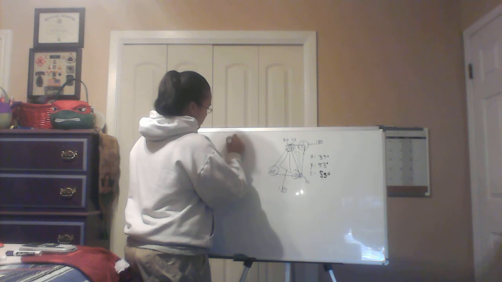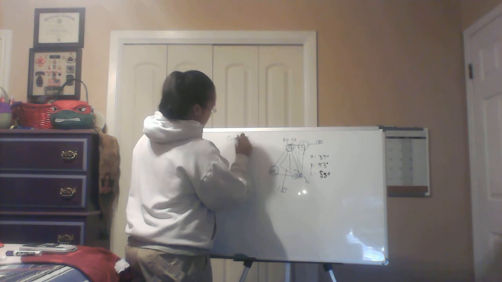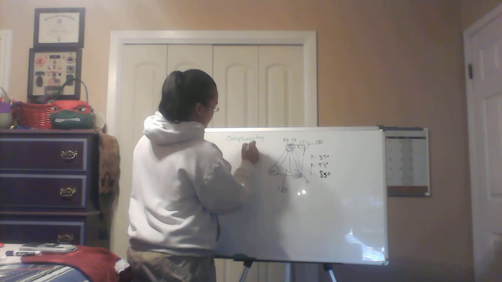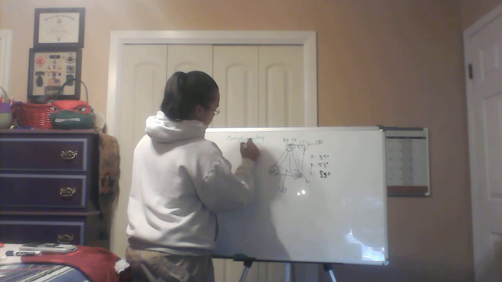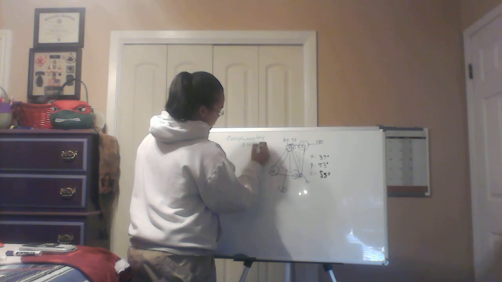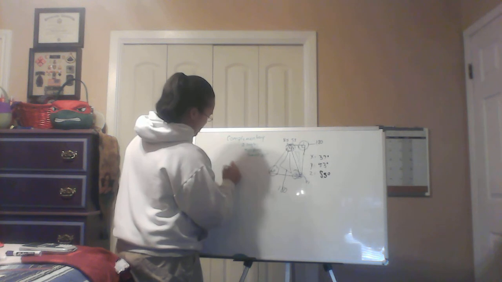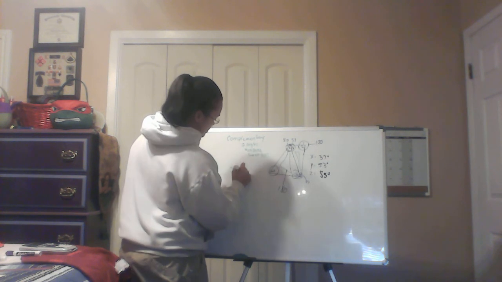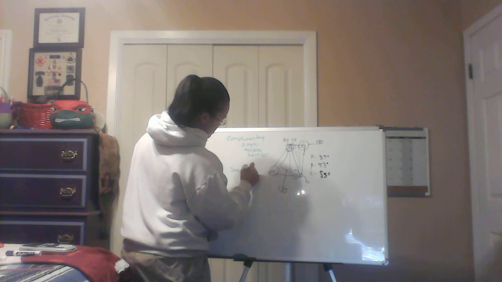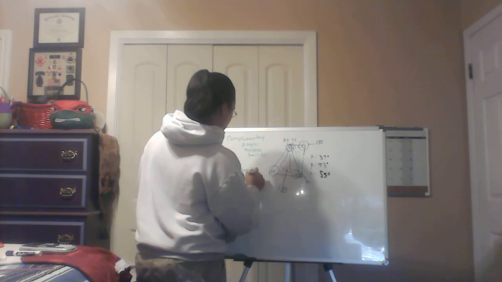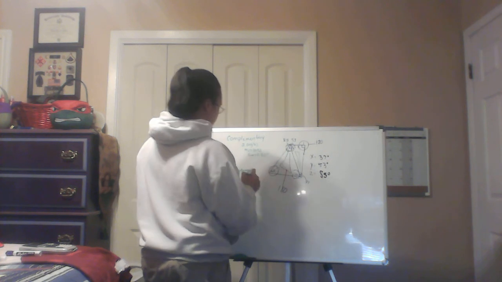That complementary are the two angles whose measures are the sum of 90, and supplementary are a sum whose measures are 180.